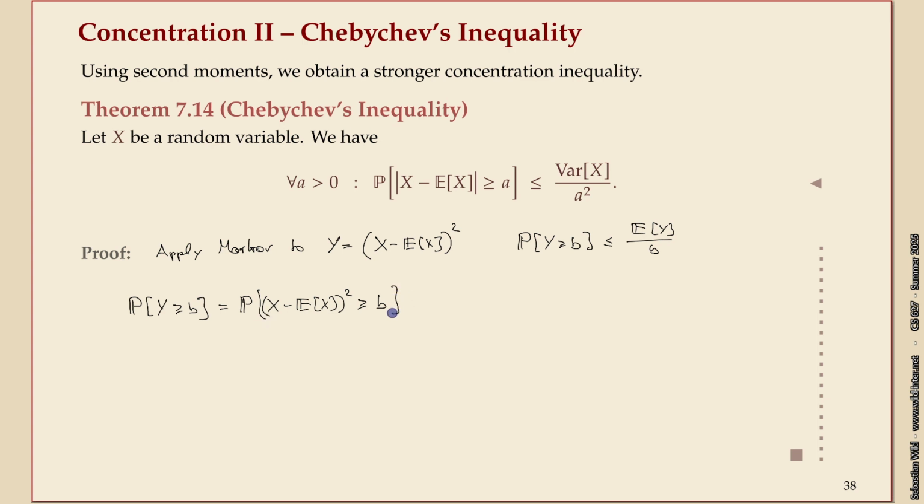This is an inequality. If I take a monotonic function on both sides, it doesn't change the validity of the inequality. So I'm taking square roots on both sides.